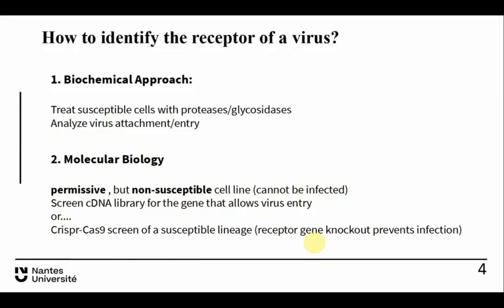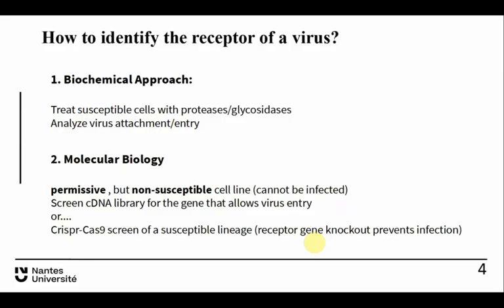And the opposite approach is this. Now we can use CRISPR-Cas9 to knock out every gene in a cell population. And this time you want to look for the knockout that prevents cells from being infected. This works especially well if your virus is cytopathic, if it's lytic.